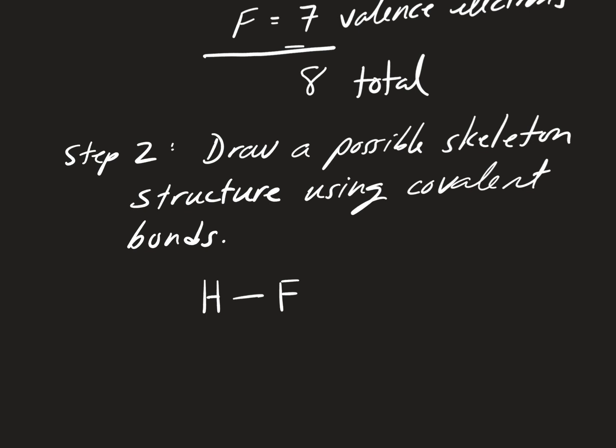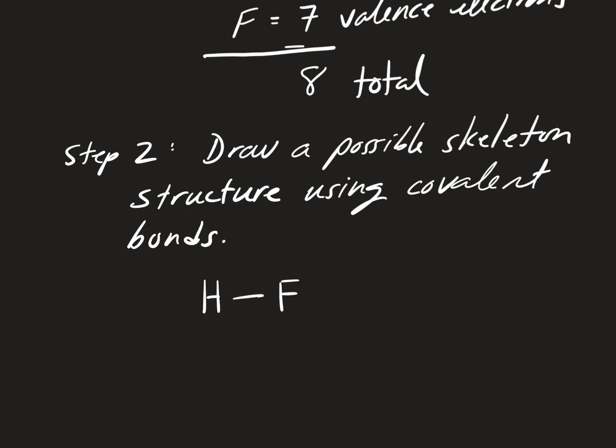And what you need to do now is remember how many electrons make up a covalent bond. That's 2 electrons, right? It's a shared pair of electrons. So out of the total number of valence electrons that we've got in this molecule, we're going to use 2 of those electrons to make this bond.